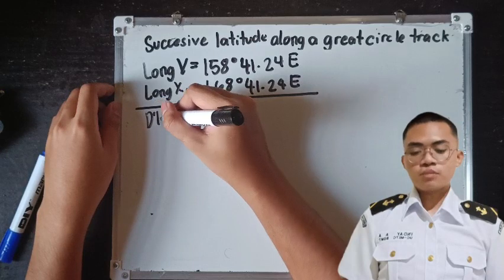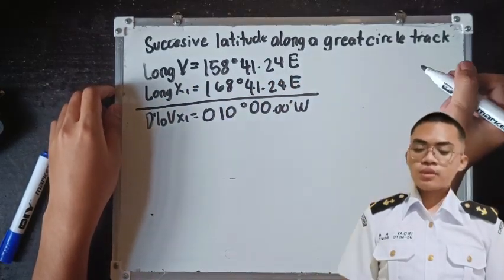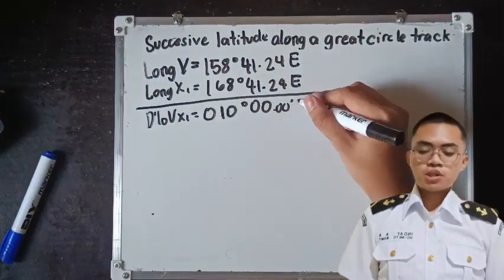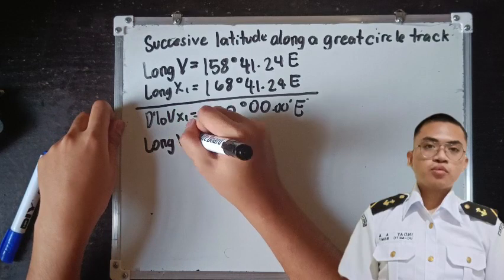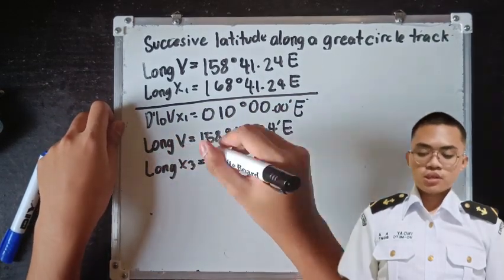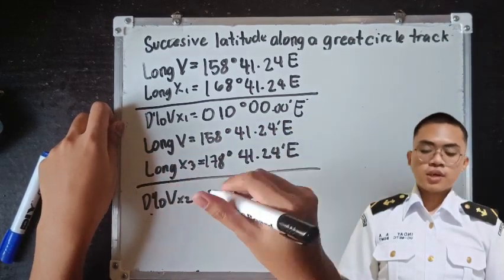The next dlo was obtained by subtracting 158 degrees 41.24 minutes east from 178 degrees 41.24 minutes east. The answer was 20 degrees west.